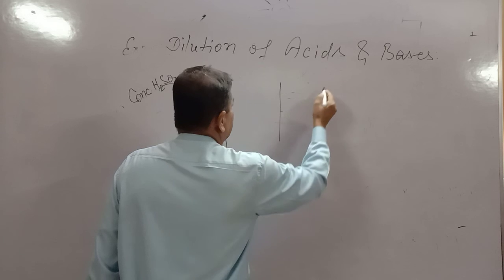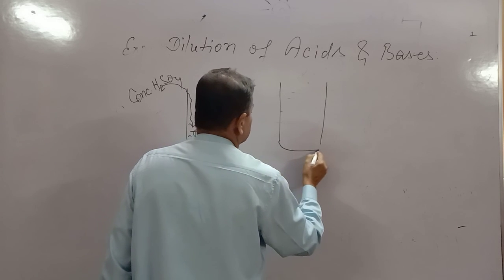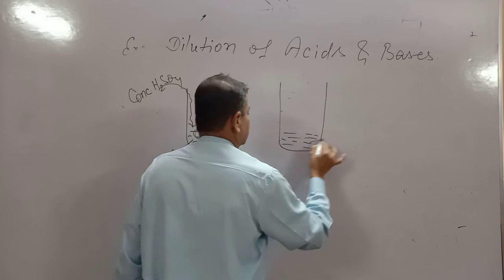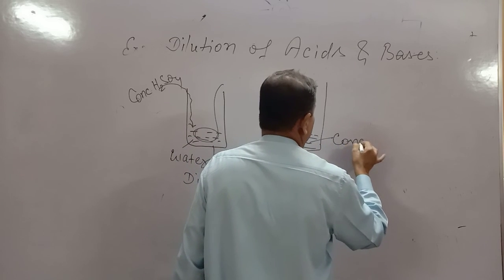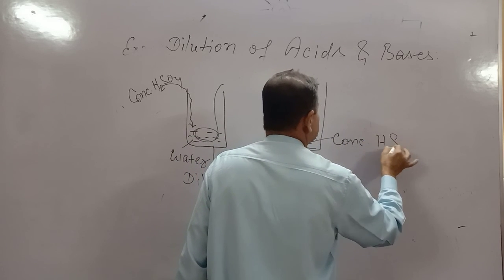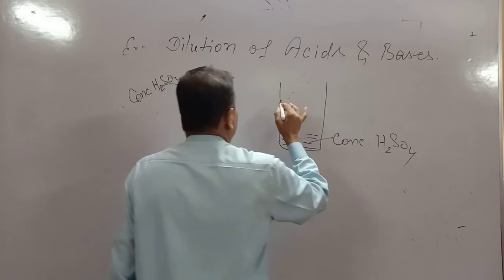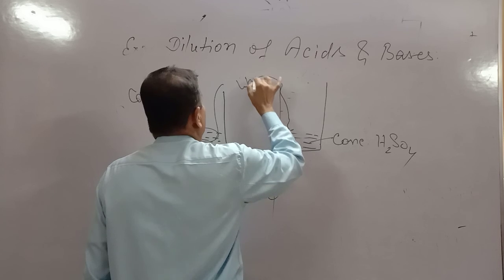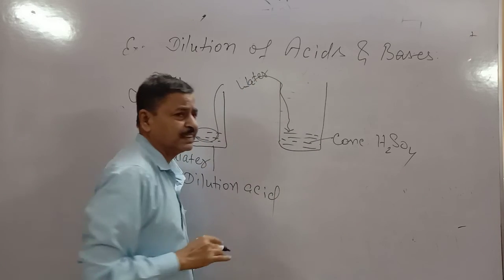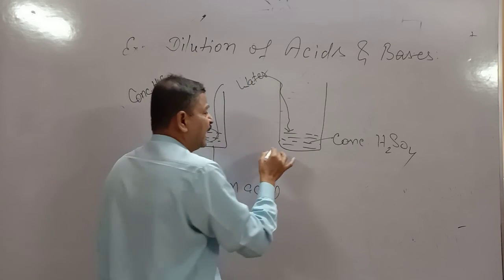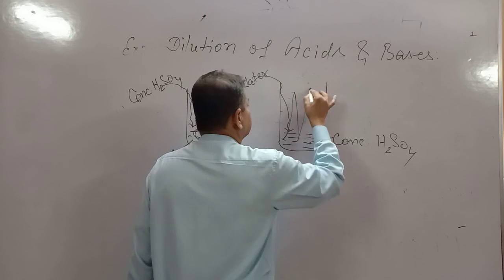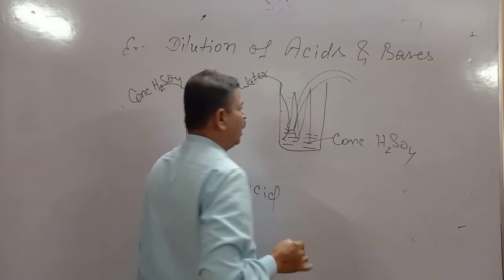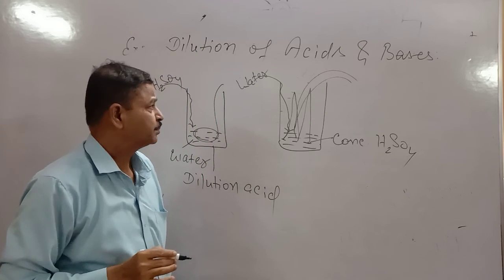If we take another test tube and put some sulfuric acid and then pour water into it, a vigorous reaction takes place, with splashing of acid that comes out and also causes burning of the body.